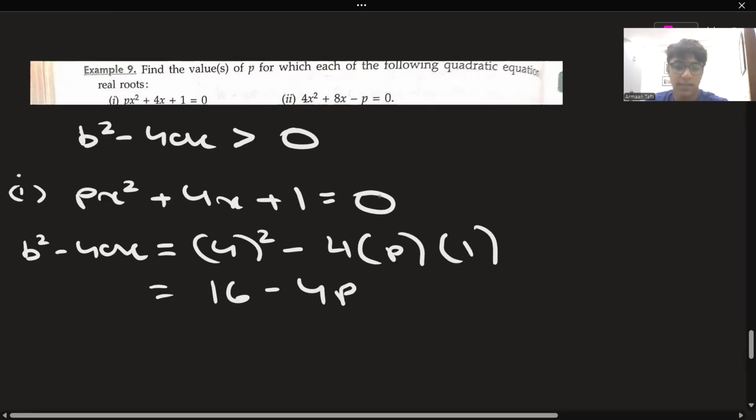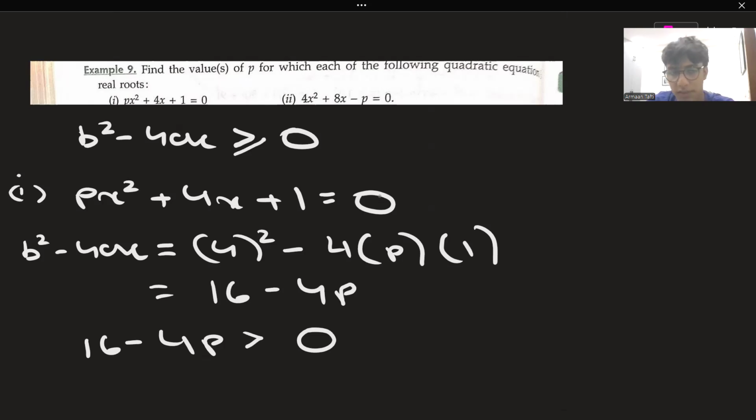And we know that 16 minus 4p has to be less than, oh, sorry, greater than 0. Oh, it says it has real roots, and I read it properly. So it can also be equal to 0, right? Because even if the roots are equal, they'll be real.